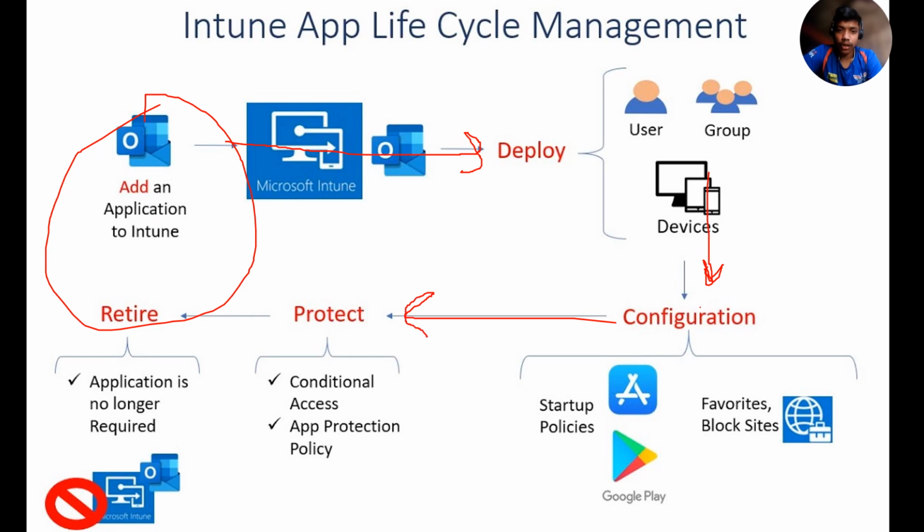In the protection, we can apply conditional access and MFA to log in to the application, and app protection called the application lock. After that, if the application is no longer usable in our organization, we can retire it. If the application is no longer required in the organization, we can retire that application.